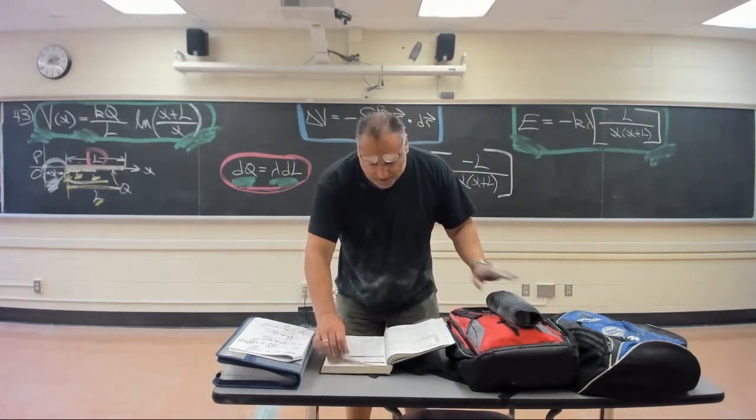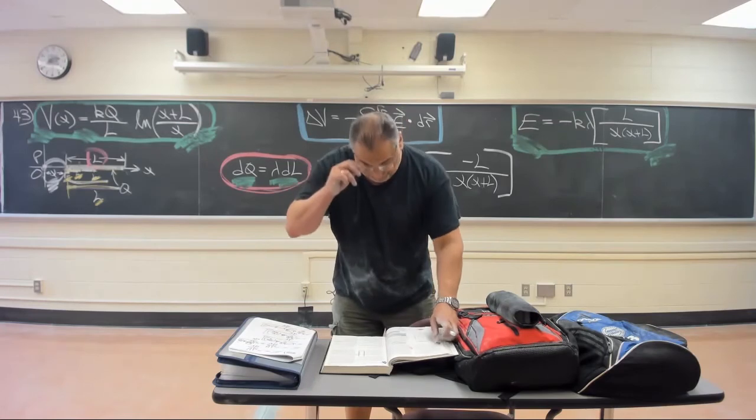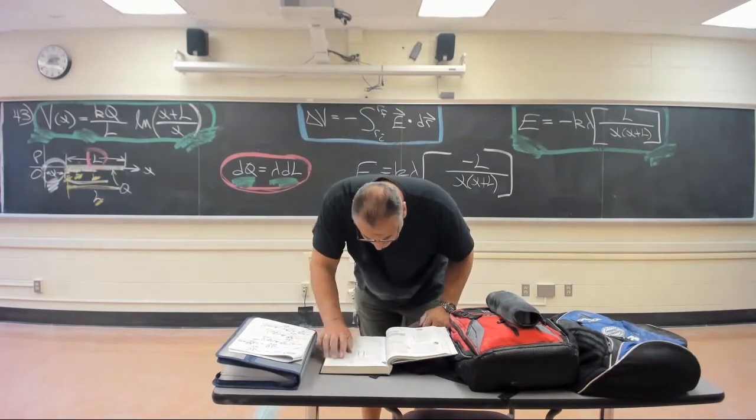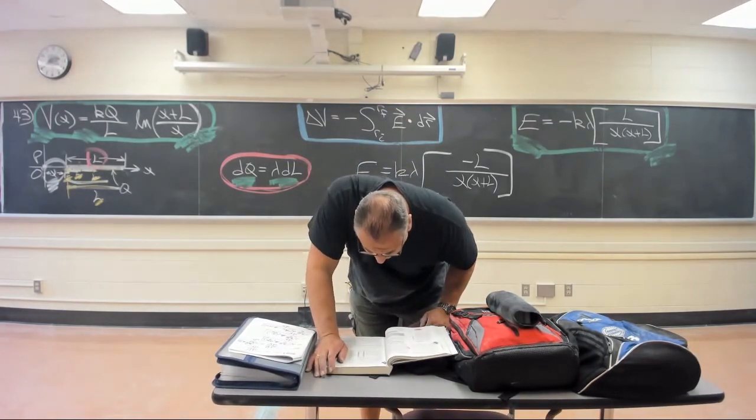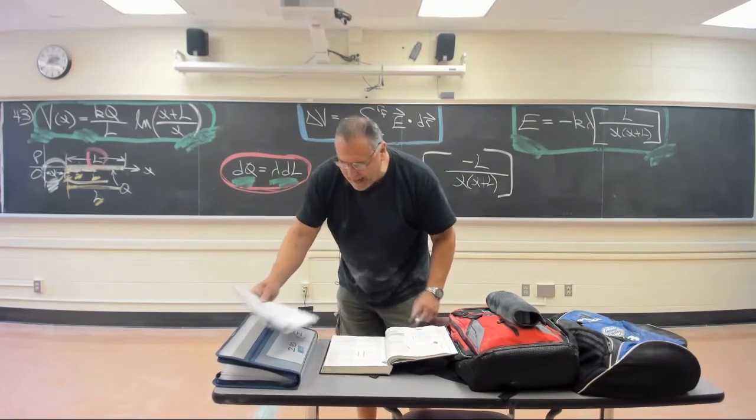Well, for the record, we just did say it. And then when we look at it, for 54, use this equation to find the electric field at a distance x from the charged rod. Well, I didn't cheat. I'm about to do it now.